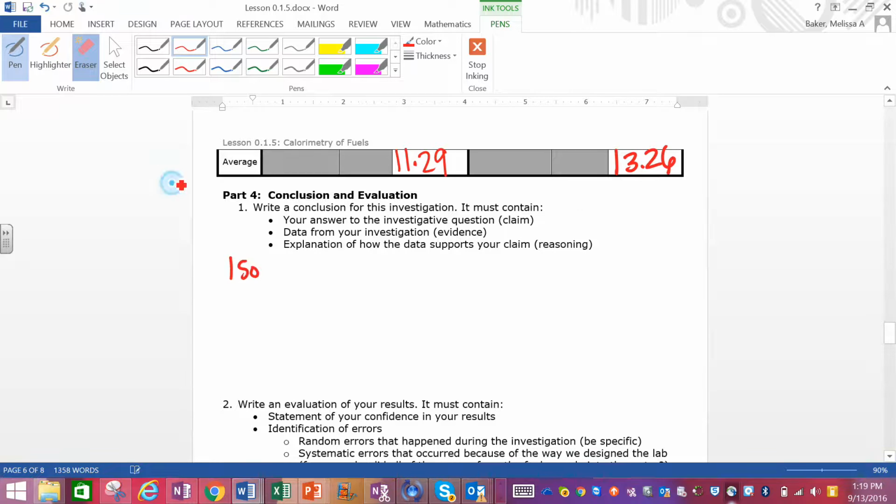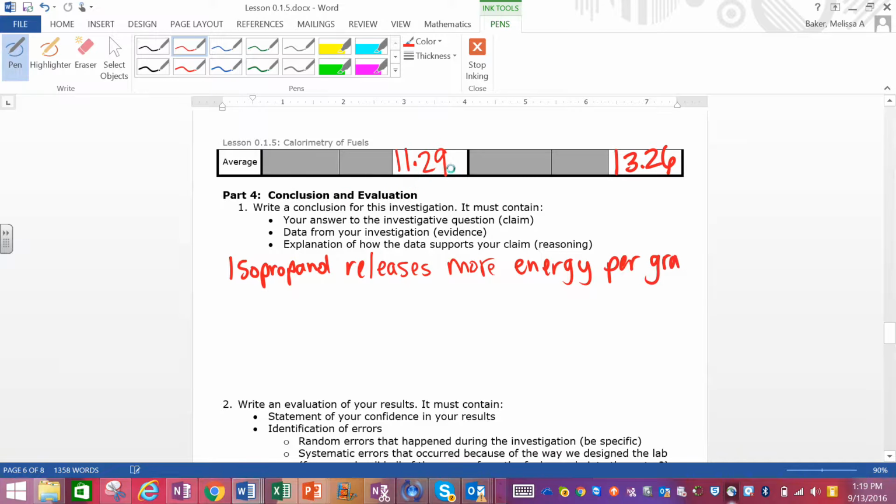So I'm going to say isopropanol releases more energy per gram when burned.